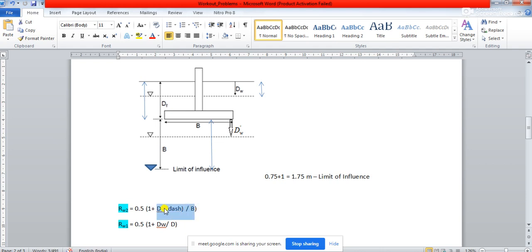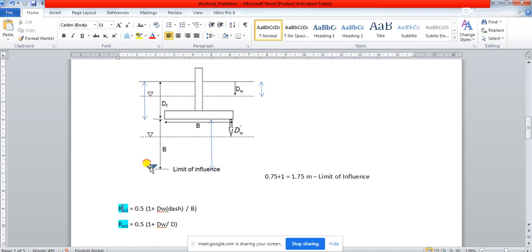So 1 plus 1, 2, 2 into 0.5 is equal to 1. Is it clear? So your Rw2 value, which depends on the presence of the water table at the bottom portion of the footing, will become 1.